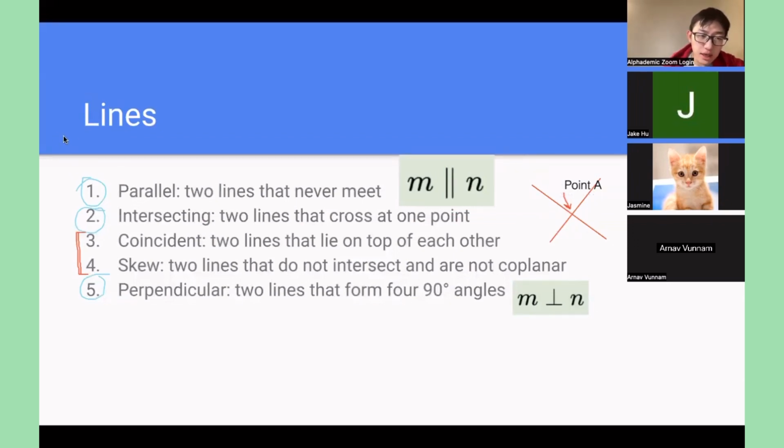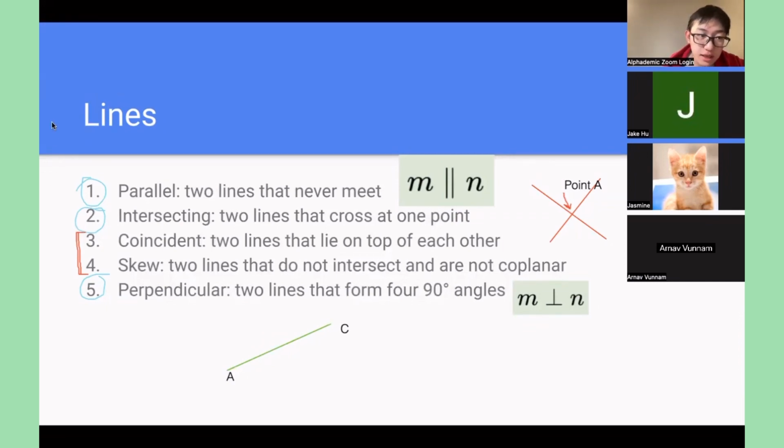However, coincident lines, this isn't really easy to draw, but let me try. I can't really draw the arrows right now, but let's just say this is segment AC. I'll write it down. This is A, this is C on this end. And then we would have another line directly on top of it, like so. This isn't completely perfect, but you can see what I mean.